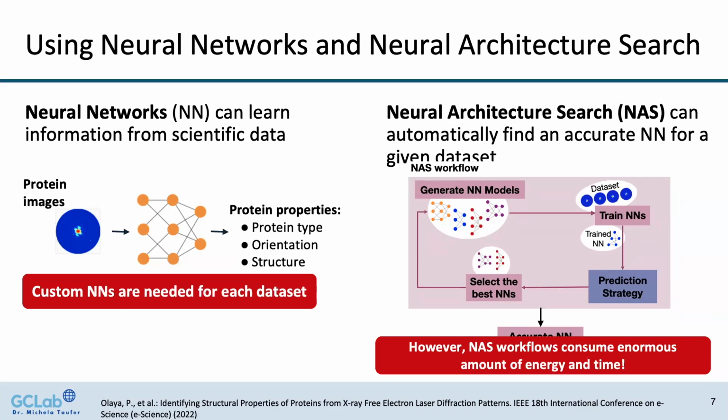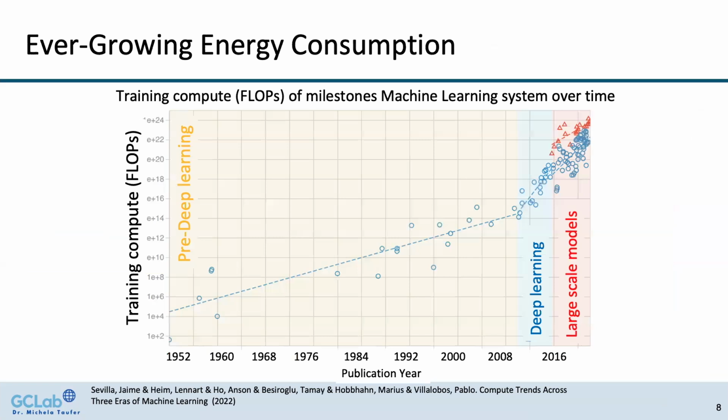Now, there's a trade-off with NAS algorithms, and it is that they can be incredibly computationally intensive. These algorithms often take a huge amount of time and resources and of course energy to run and to complete.